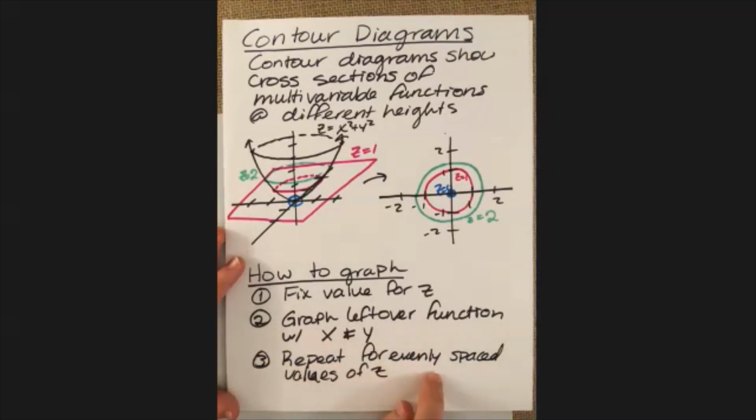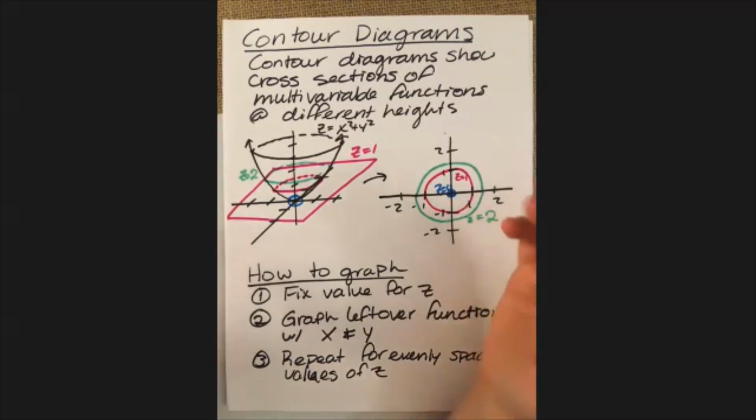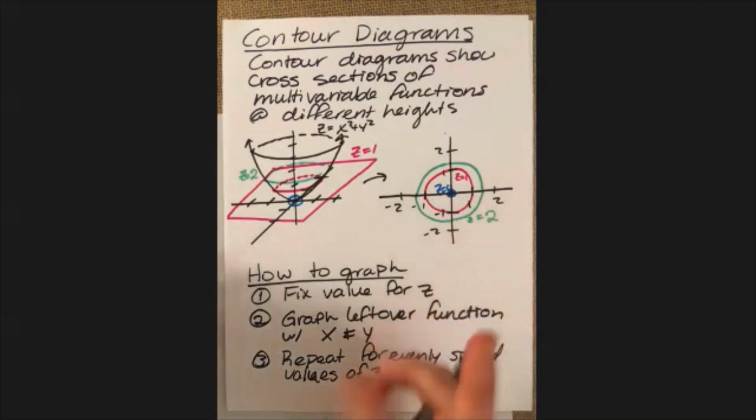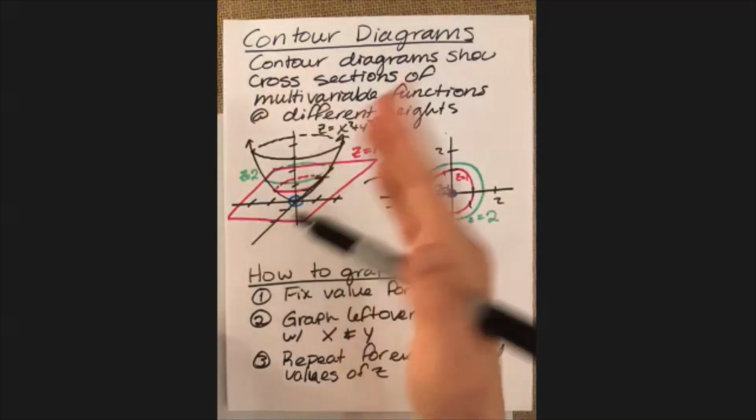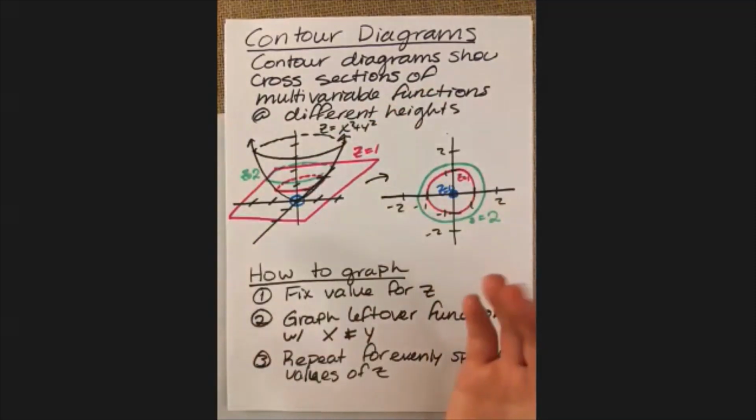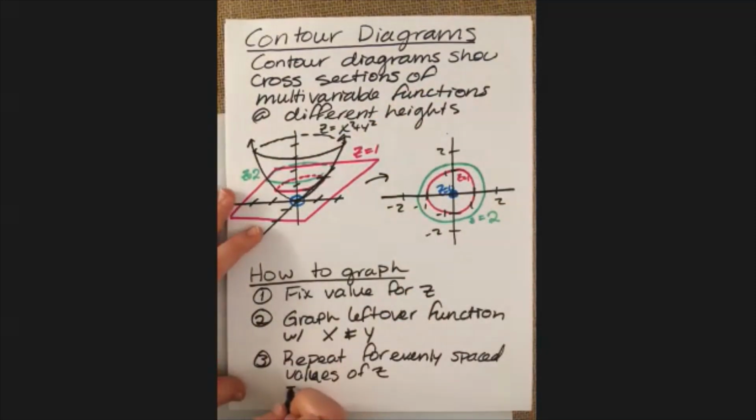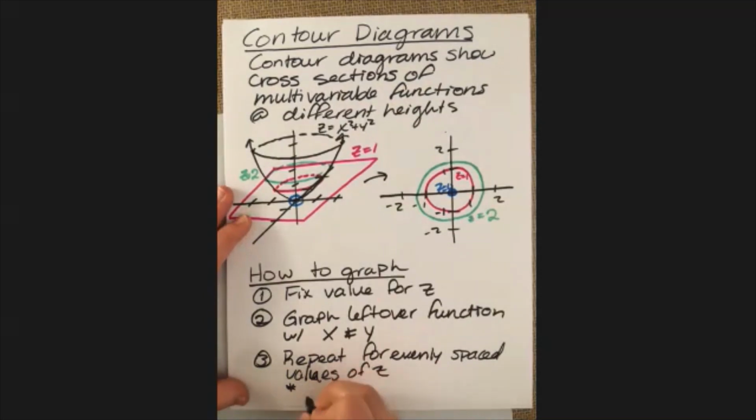And this one right here is really, really important, because as long as the spacing between z values is the same, we then know that tighter contours imply greater rates of change in the graph, or a steeper graph. So be sure to pay careful attention to this.